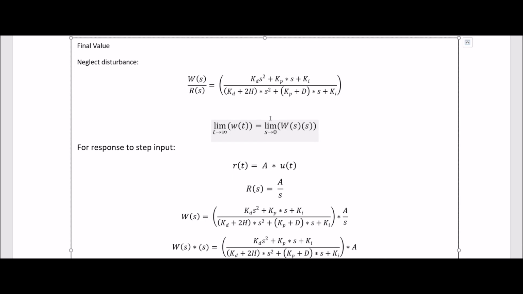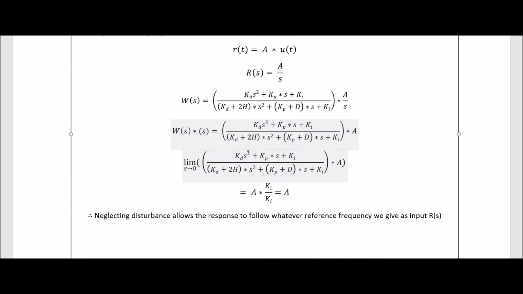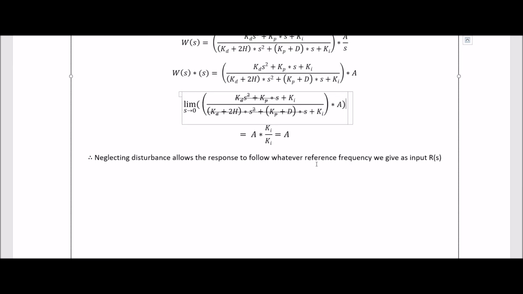So we're going to go ahead and take the limit, and everything with an s is going to go to 0. So all that goes to 0, and that leaves us A times Ki over Ki, which is just A times 1, so it just equals A. So that shows that neglecting disturbance allows the response to follow whatever reference frequency we give as input R of S.